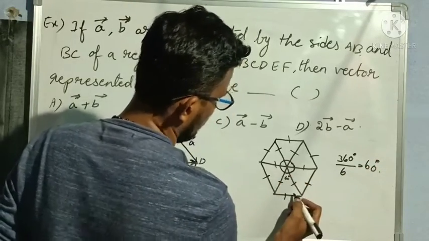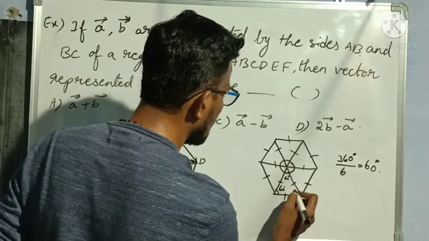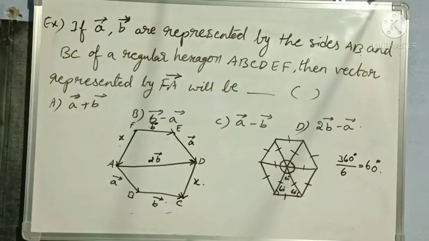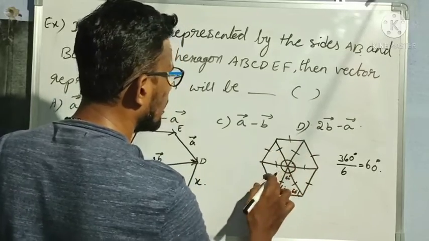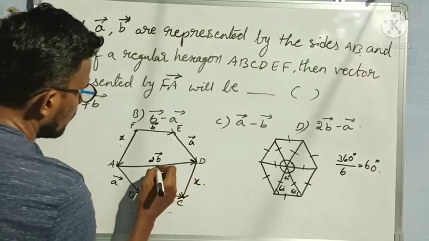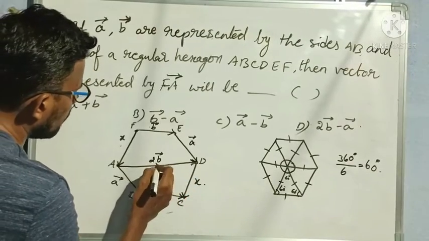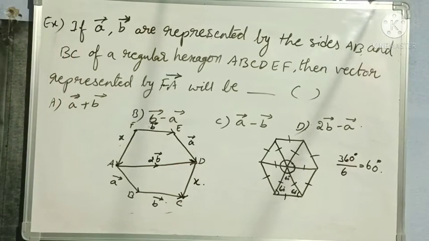And these two sides are equal. When these two sides are equal, then these angles are also equal, right? So 60, 60, 60. So what is the type of triangle here? Equilateral triangle. So 6 equilateral triangles are formed. So when this one is B bar, then this one up to here is B bar and this one is B bar. So the total becomes 2 B bar, right?